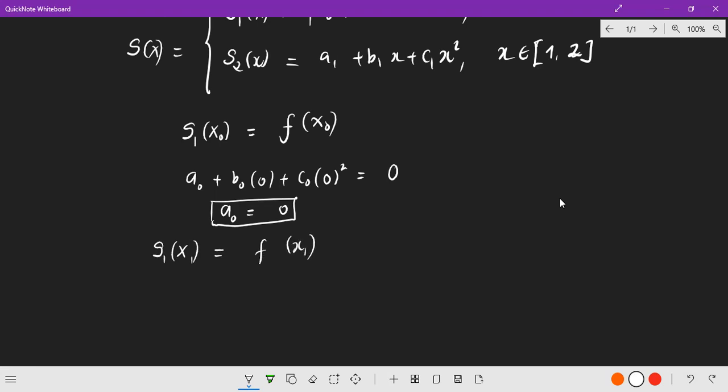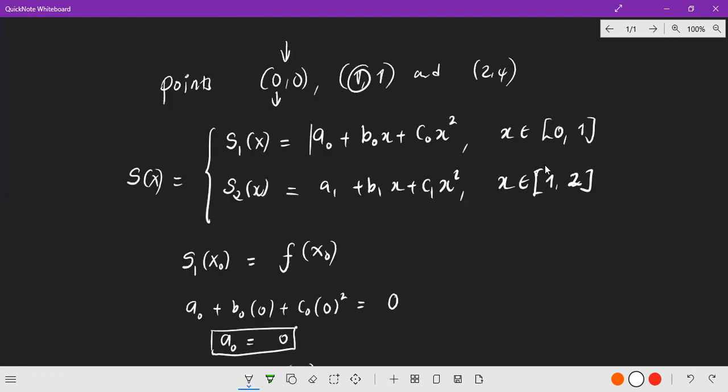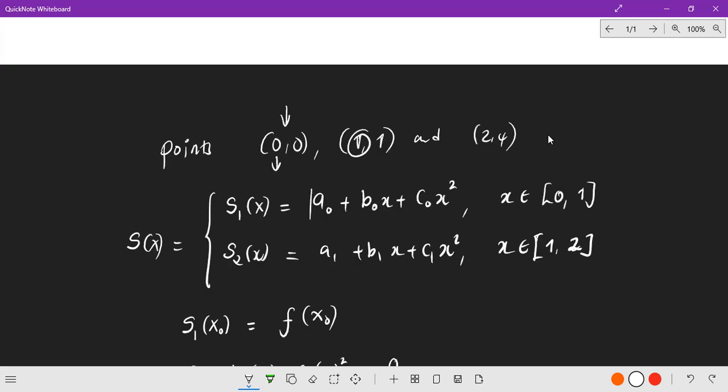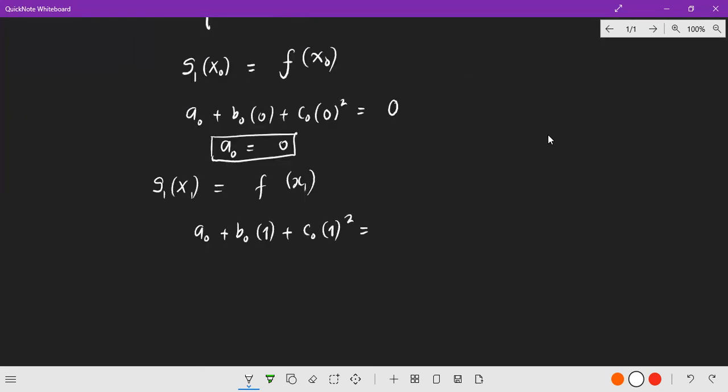We substitute the value of x1, which is 1, in the first equation: a0 plus b0 times 1 plus c0 times 1 squared equals f of x1. What's the value of the function at that point? It's equal to 1. So we end up having our first equation, a naught plus b naught plus c naught equal to 1. I'll call this equation number 1.